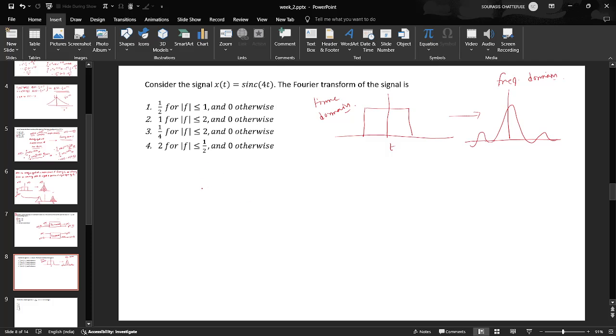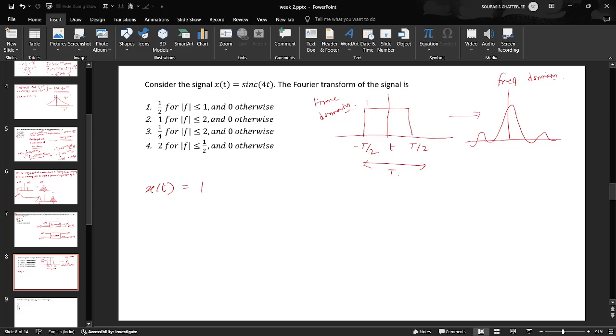So basically let us try to derive that first. Let's start with a time domain signal x(t), which takes value 1 here from minus T by 2 to T by 2. So you end up with this kind of pulse.